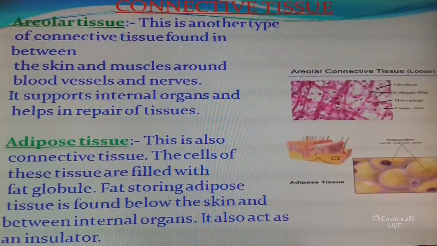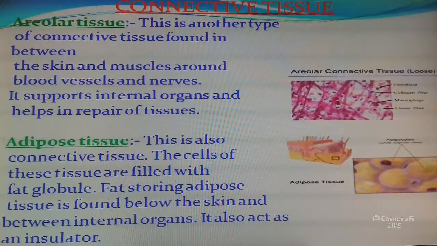Both are fluid matrix vascular tissue. Blood is a fluid matrix vascular tissue, and lymph is also a fluid matrix vascular tissue. Blood is a red vascular tissue, as lymph is a white vascular tissue present in the lymph vessels that also forms the tissue fluid around the body tissue.